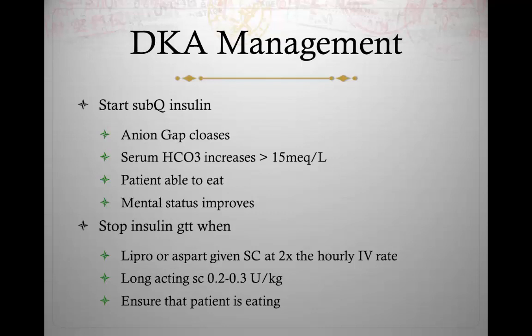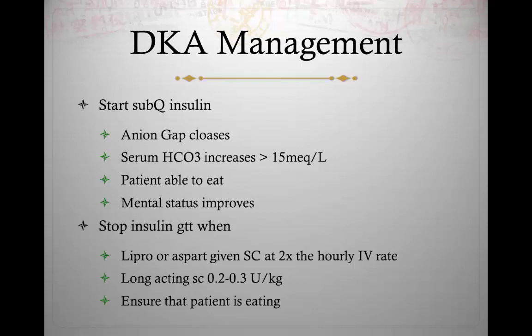Of course, if you are on the IV drip, you could decrease the IV drip of insulin to 0.05 instead of 0.1 units per kilo per hour. You could start adding long-acting insulin, but remember, do not discontinue the drip because the long-acting insulin must take place.